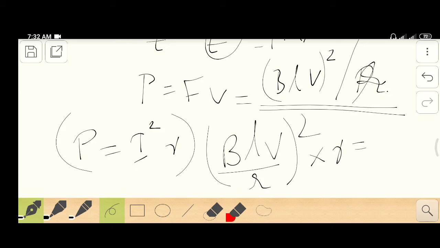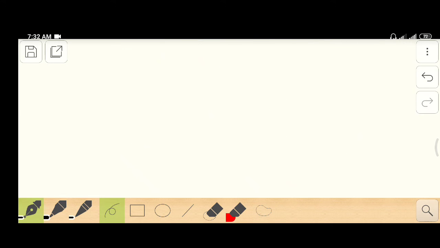Now, as we know, epsilon is equal to d phi by dt.